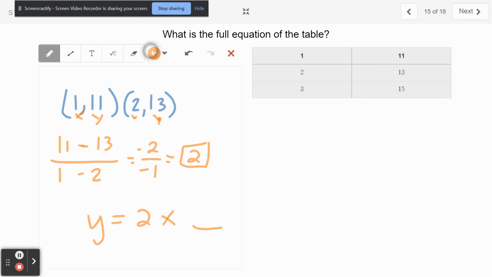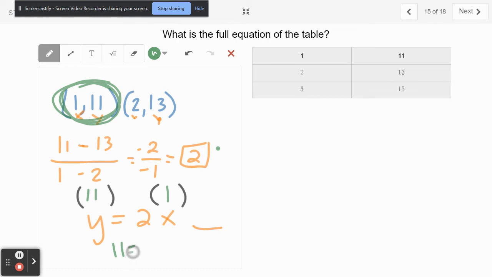If you don't know what's going on, pay attention. Try. Attempt this right now. In your brain, engage your brain right now to figure this out because you guys can. You guys are all capable. I'm going to take this coordinate right here. And I know the 1 is an x and the 11 is a y. Okay?